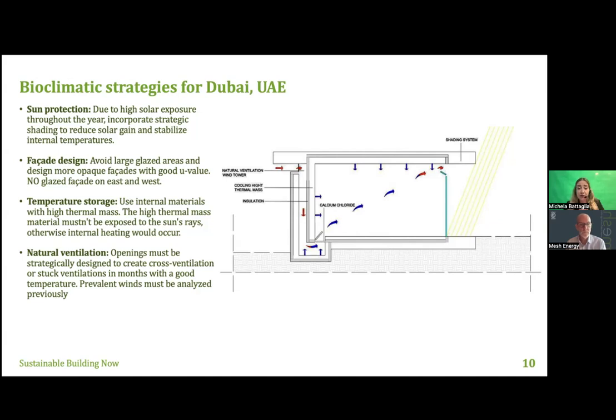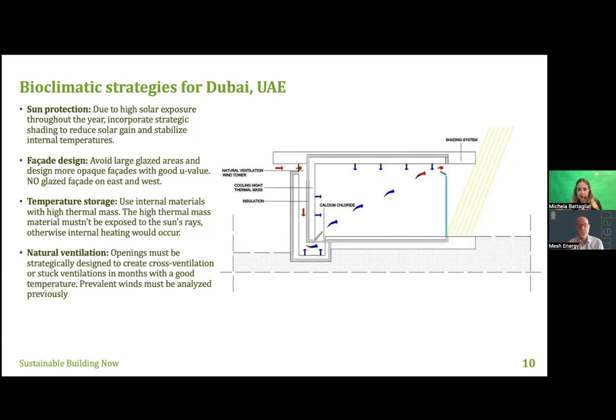It's also really important to avoid glazed facades on the east and west of a building in Dubai, because here in summer the solar gain is direct during the morning and during the afternoon on the east and west facades, the solar rays are direct on the facade.